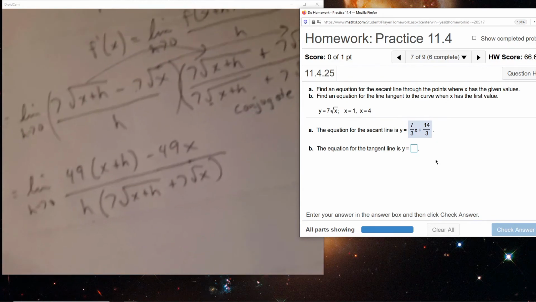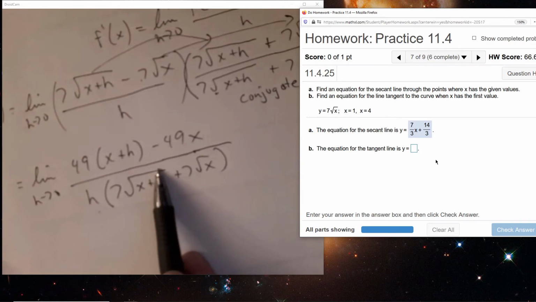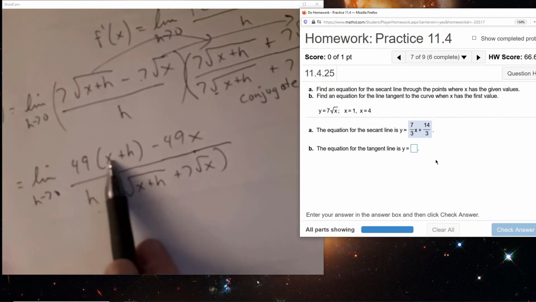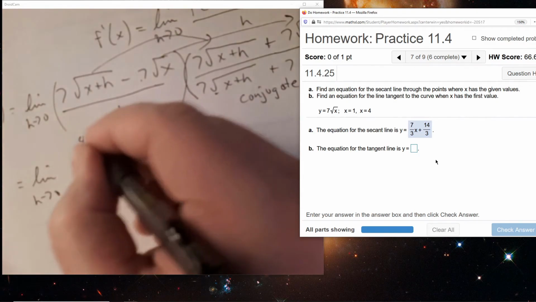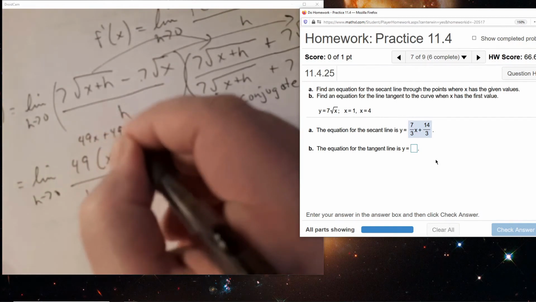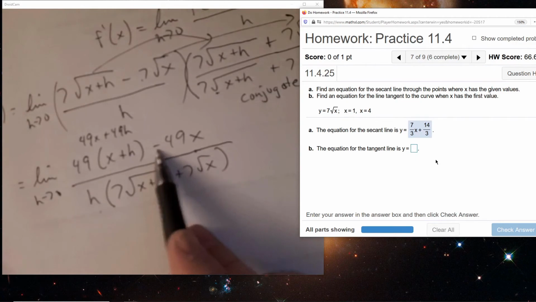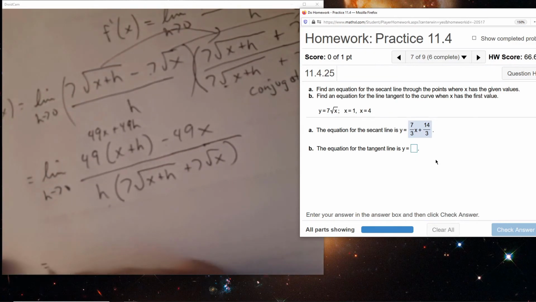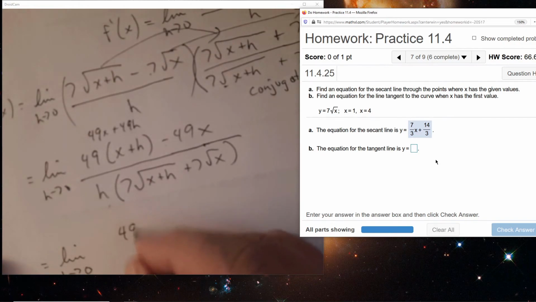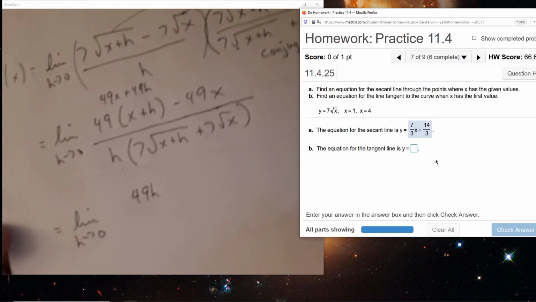So here's where our limit is at right now. If you look right here, we have 49x plus 49h. So 49x will subtract out with this minus 49x. And so what's left in the numerator is 49h.